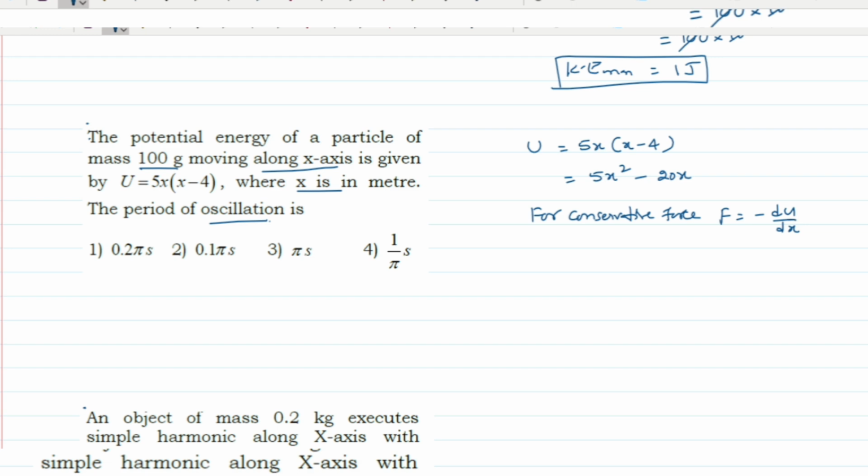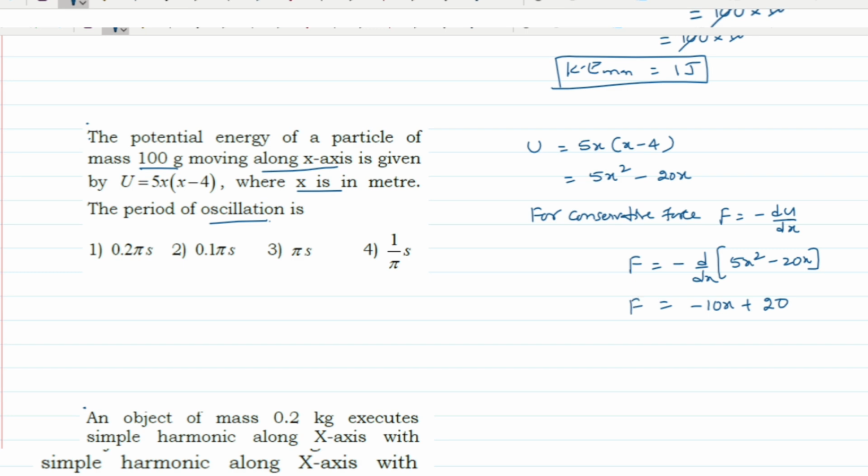So when you do the differentiation, F equal to minus d by dx of 5x square minus 20x. You can do the differentiation: 5 twos are 10x, so this is minus 10x, and minus into minus is plus, so we get 20. This is the F value.